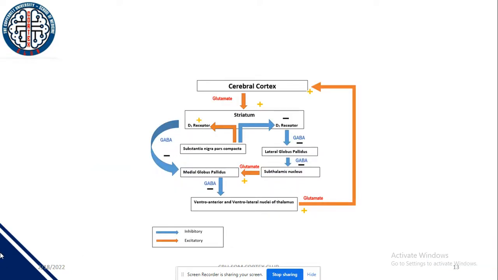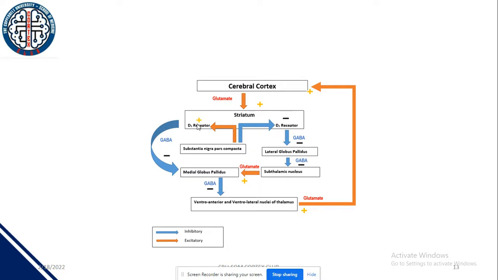Okay, so this is just another way of representing what we said. It all starts with the cerebral cortex and goes back to the cerebral cortex again. Here, I want you to take note of the D1 receptor and the D2 receptor. These two receptors are the ones where we said we have an excitatory receptor as well as an inhibitory receptor.